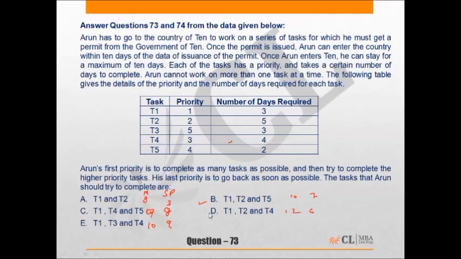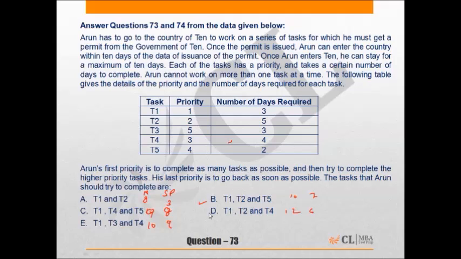On the basis of these figures, it can be seen that the three tasks that he should try to complete are T1, T2 and T5 that are given in option B, as he is more concerned about the priority than going home.